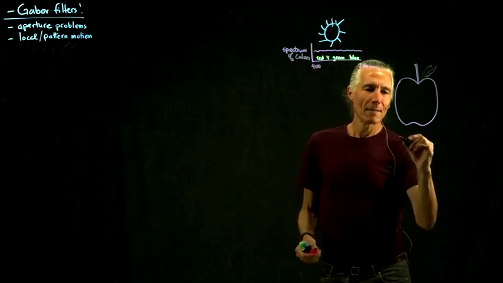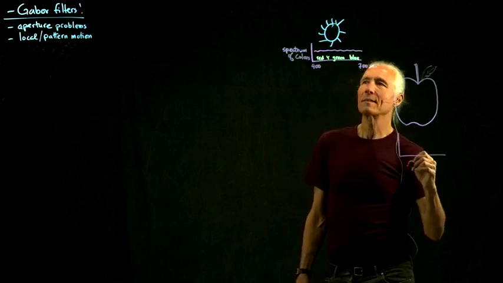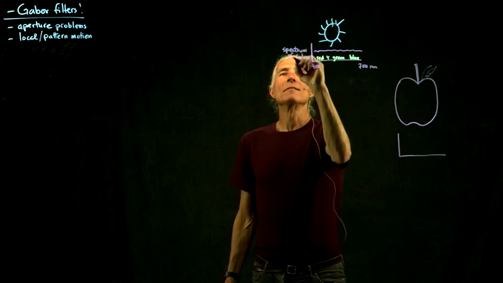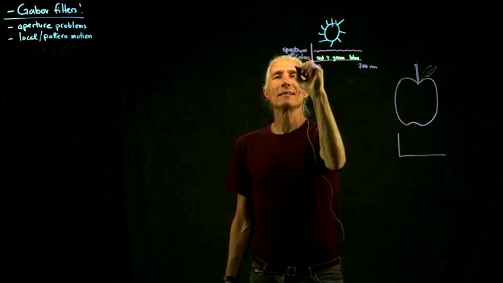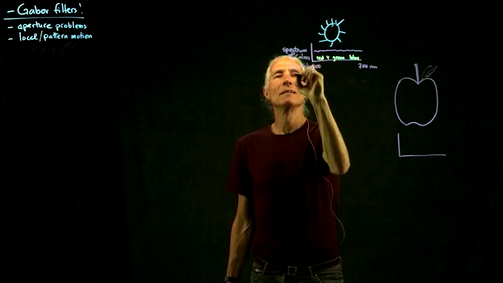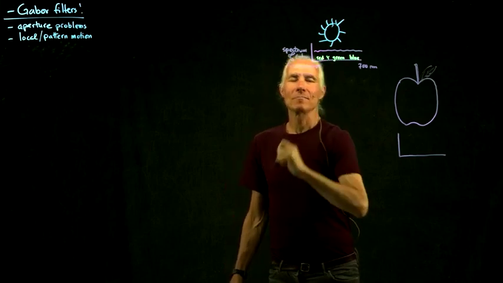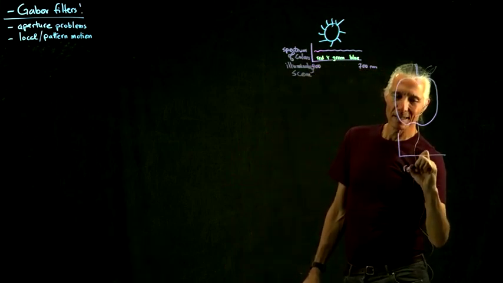So if this is a spectrum of colors illuminating the scene, what this is, is the reflectance spectrum.